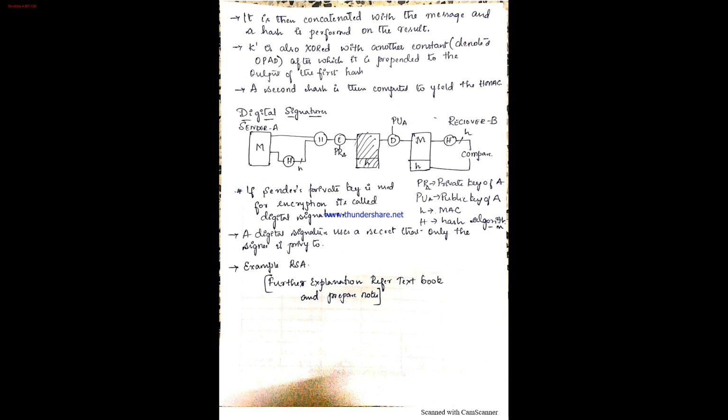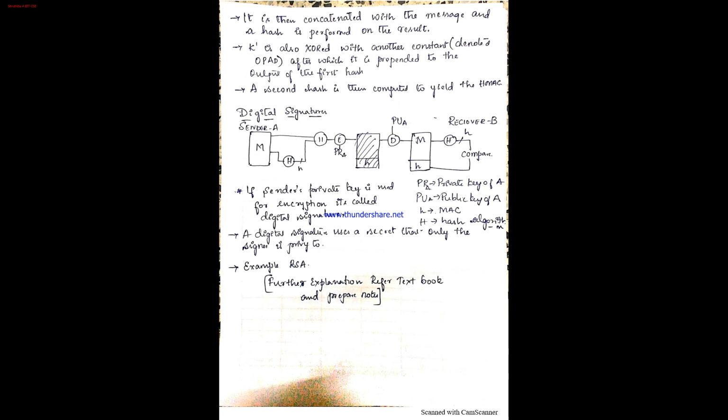Whatever I taught you till now, the sender used the public key of the receiver to encrypt the message, and the receiver, after receiving it, decrypted it using the private key.